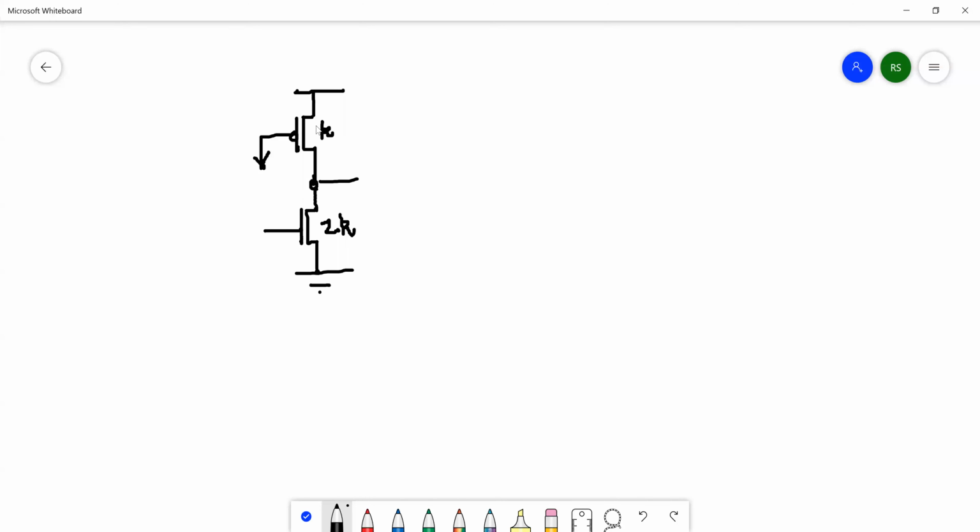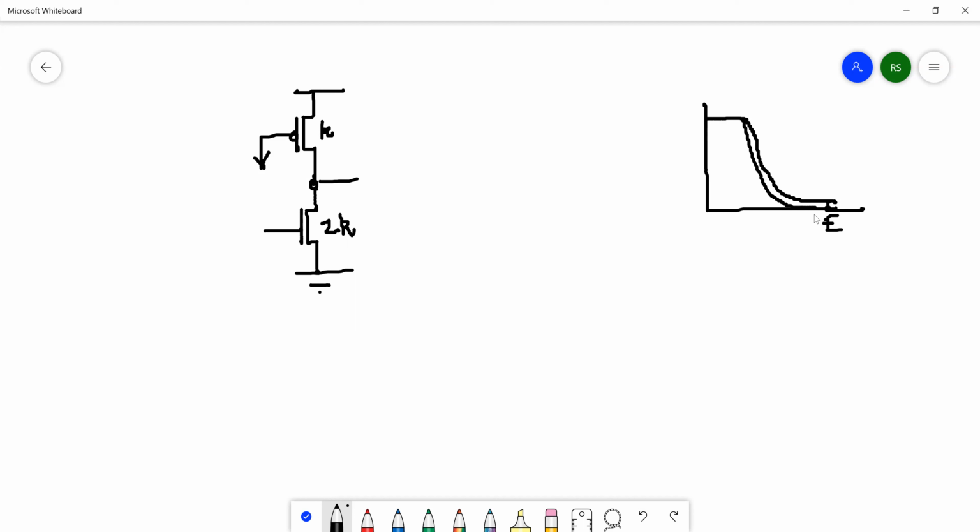The first condition ensures that in my VTC, this is the ideal VTC of the static CMOS gates, we go perfectly to ground. This is region E. But in this case, it will never go perfectly to ground. But we want to try to make this as small as possible.